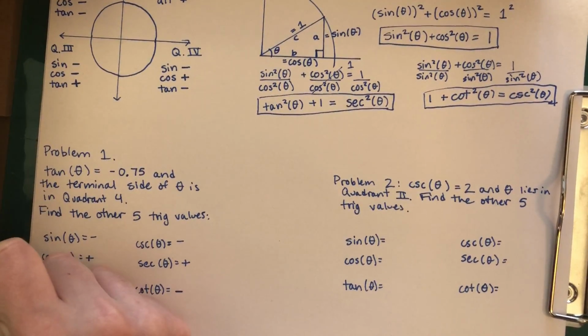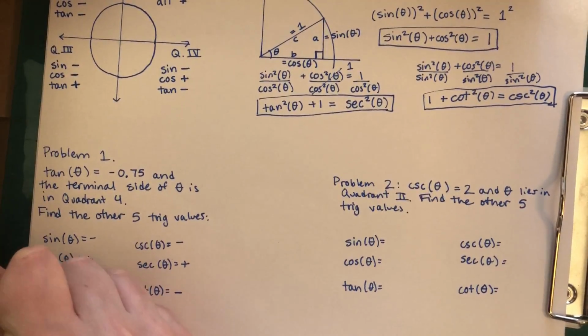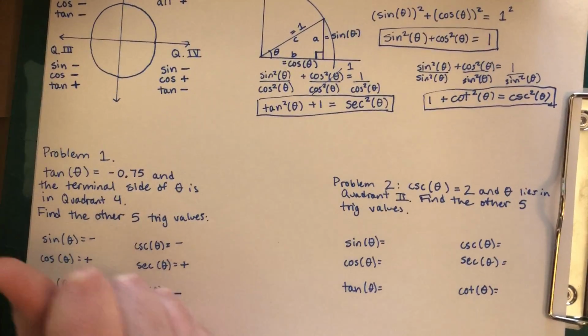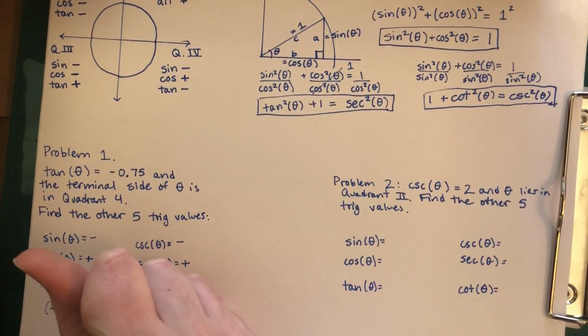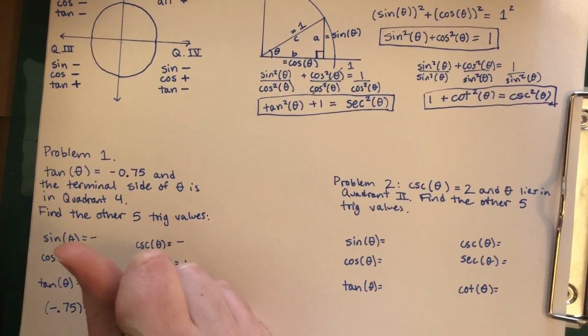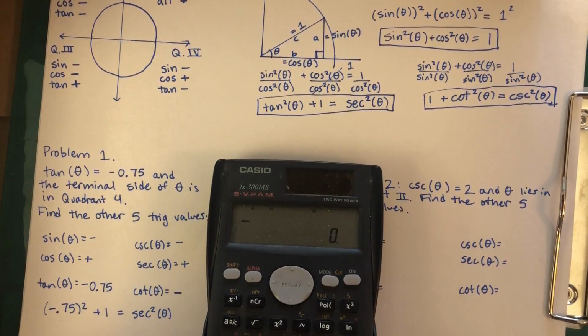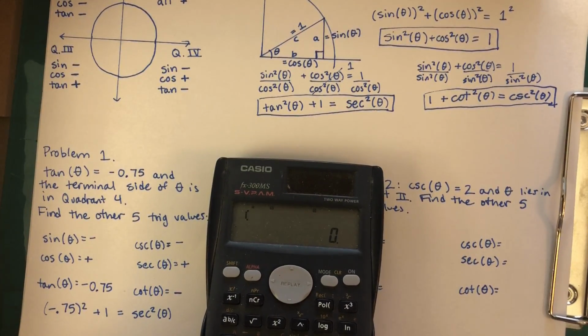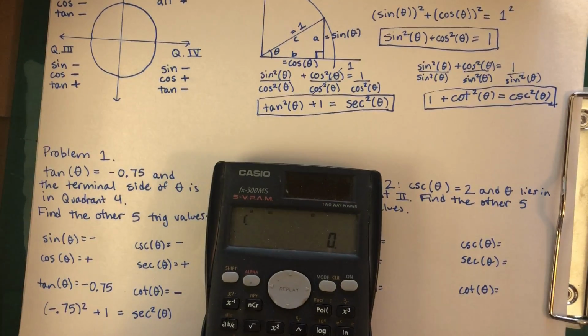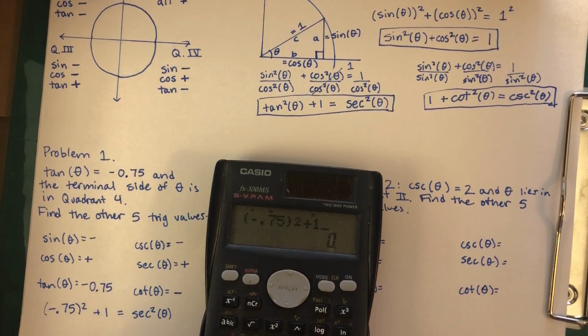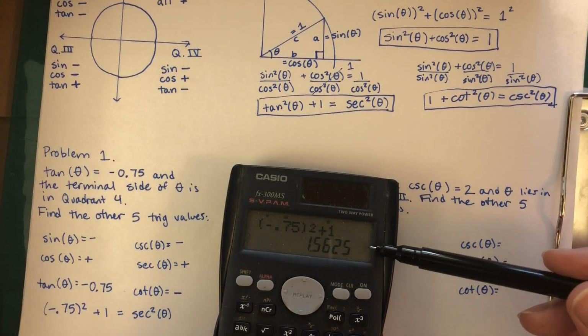So negative 0.75 squared plus 1 equals secant squared of theta. Now I'm going to figure out what this actually is. You could do it with a scientific calculator, with a graphing calculator. It's not too bad. You could probably do it by hand also since it's a fraction, but I'll just do it like this. Negative 0.75 squared plus 1 equals this number.